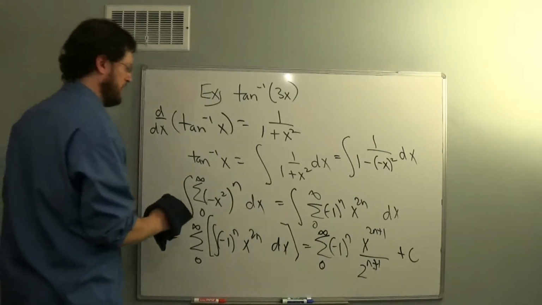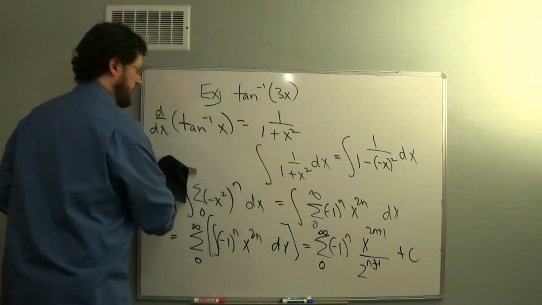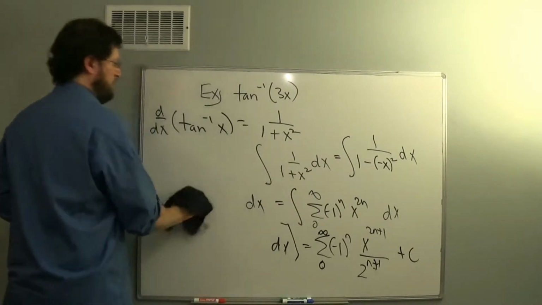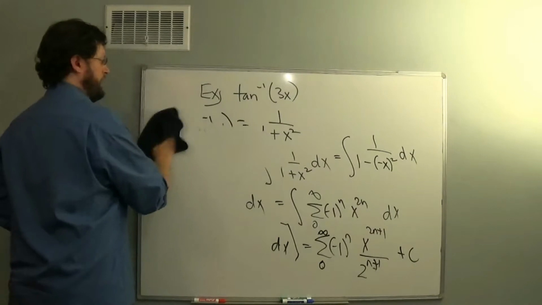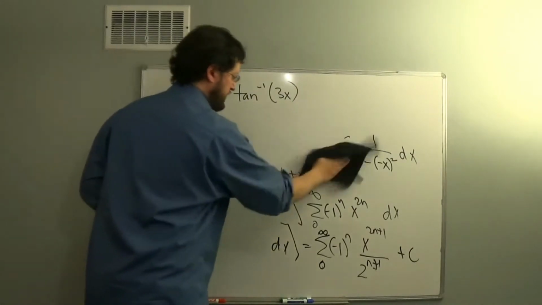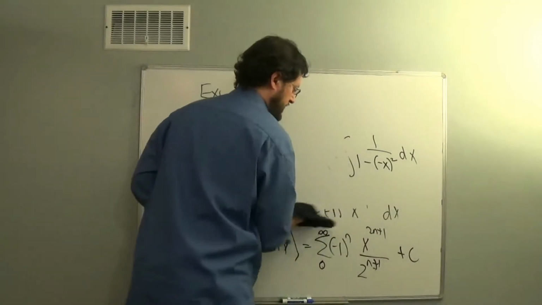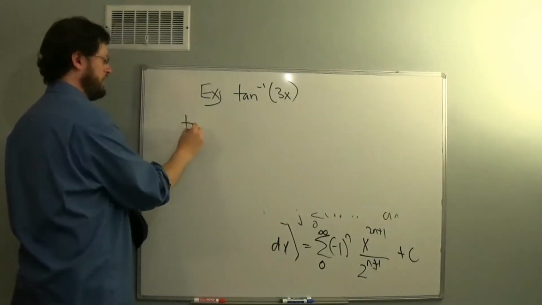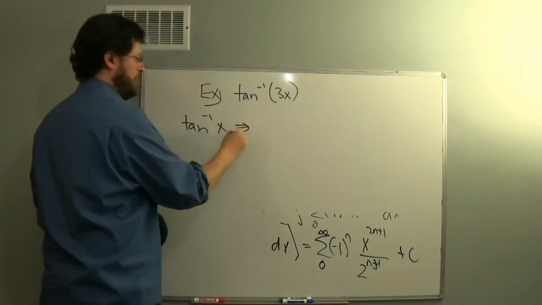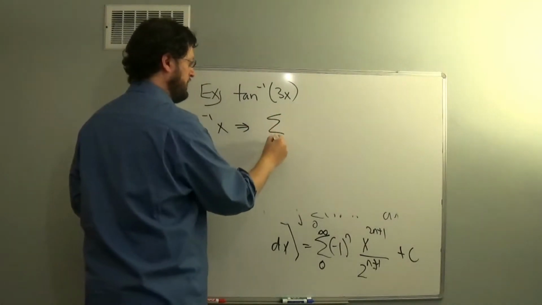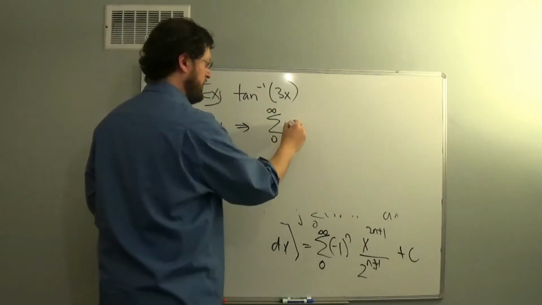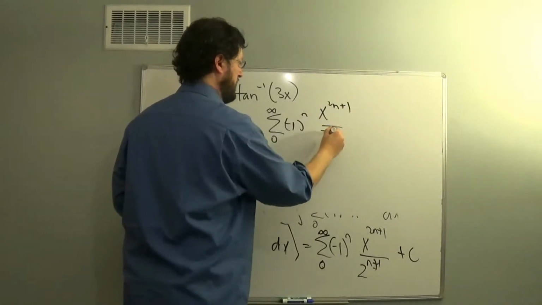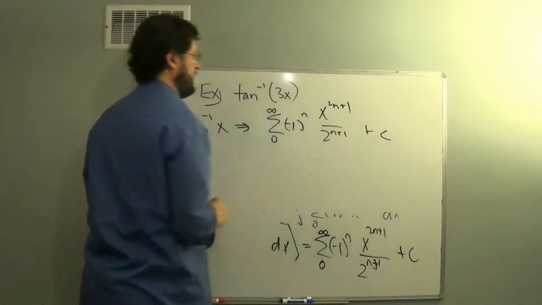Let me just save what we've actually come up with. We've come up with the Taylor series for tan inverse: tan inverse of x becomes the sum from 0 to infinity of negative 1 to the n, x to the 2n plus 1 over 2n plus 1, and then plus c.